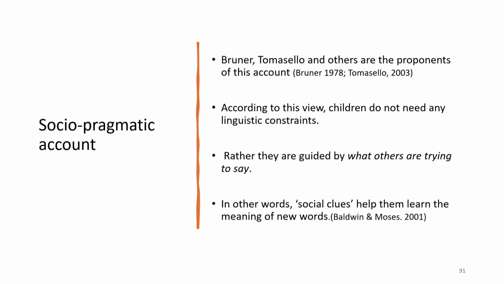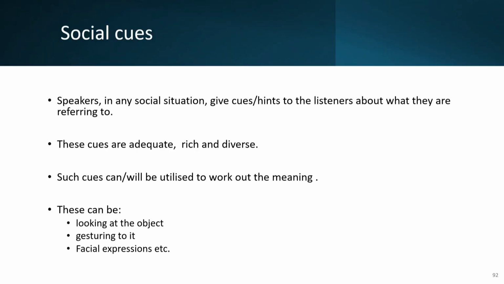It is not linguistic constraint, but the communicative intent of the people who are talking to them or who are around them. That is the idea. In other words, they call it social cues. These are the cues that help them learn the meaning of new words rather than an innate linguistic constraint. So, what is a social cue?